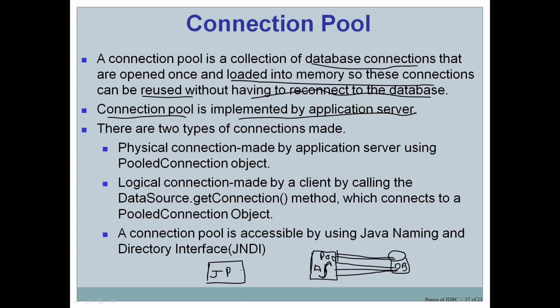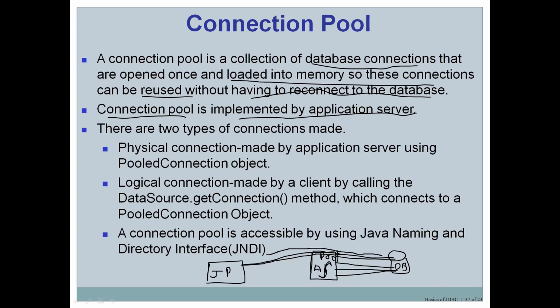A client, that is your Java program, can request a database connection from the application server, and the application server will assign a connection from the opened connections to the client, and then the client can perform its work on the backend database.